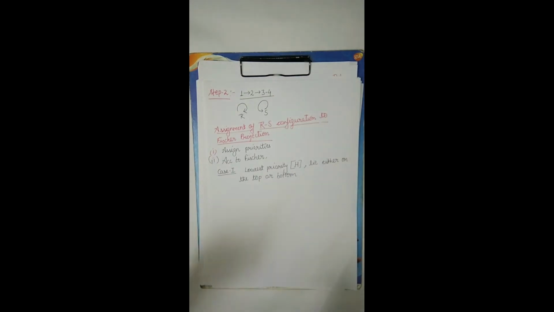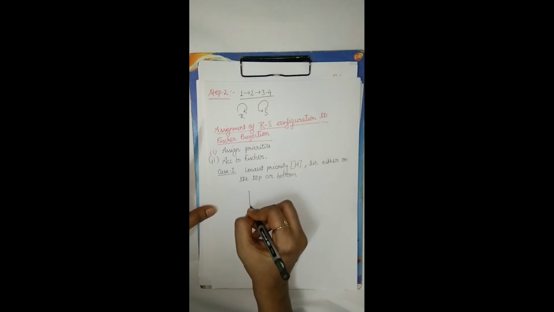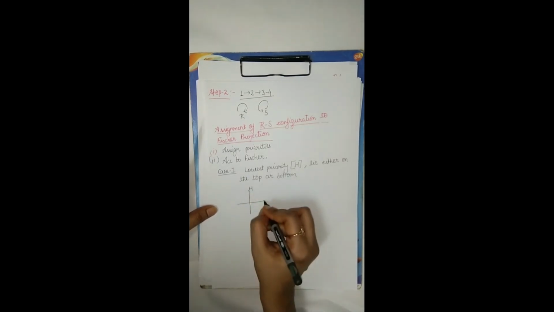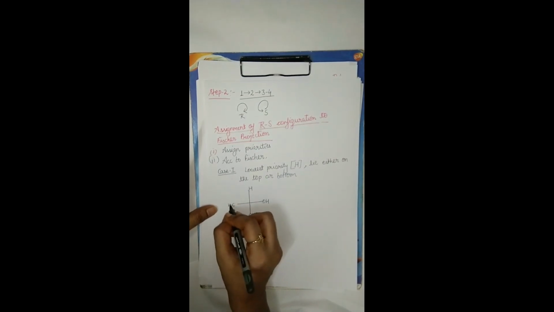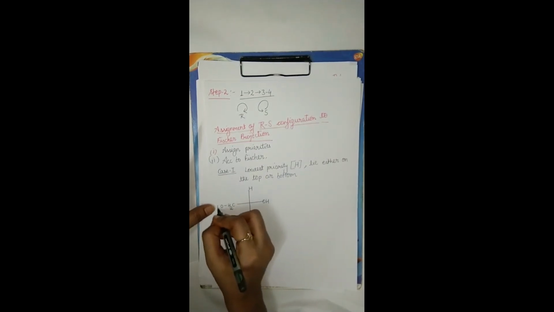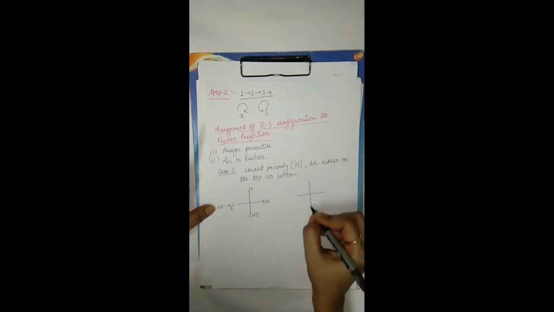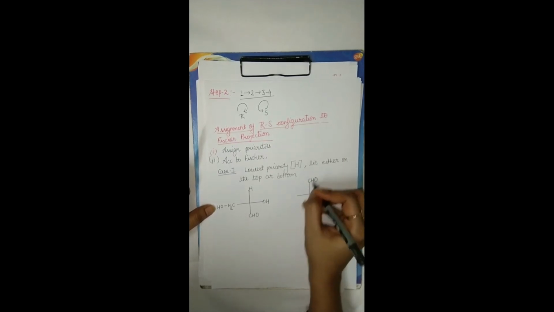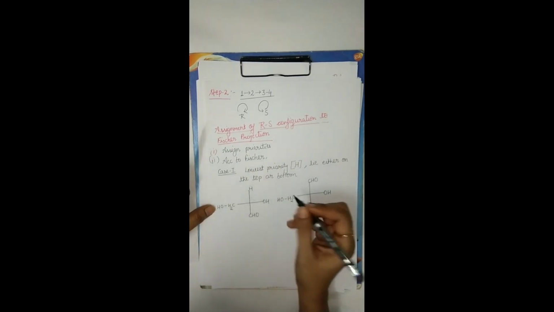Okay, if we have H, OH, CHO, CH2OH, and here H, OH, CHO, CH2OH.